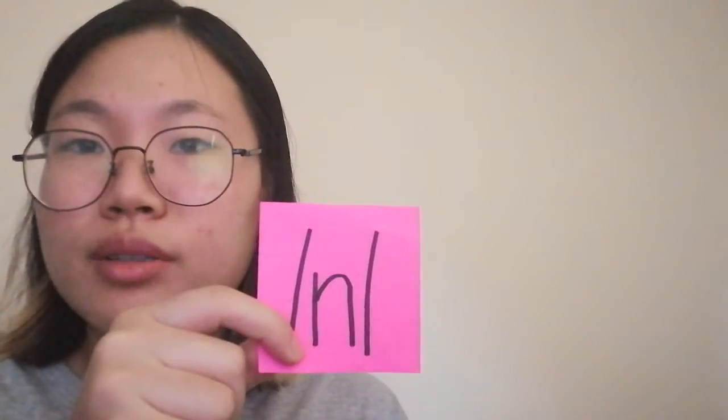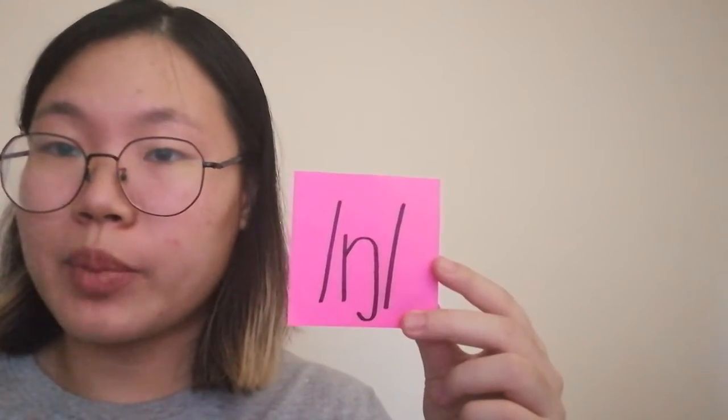The N sound, I said, is an alveolar sound. You can slightly see my tongue here around the alveolar ridge. But if I make the eng sound, as you can see, the front part of my tongue is not touching the roof of the mouth, so it is not an alveolar sound.